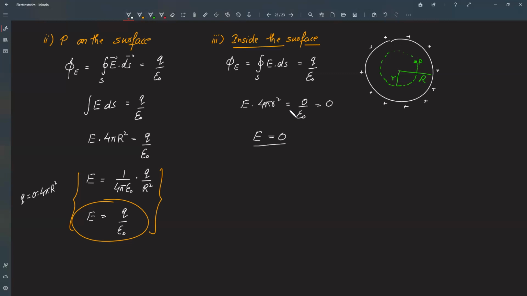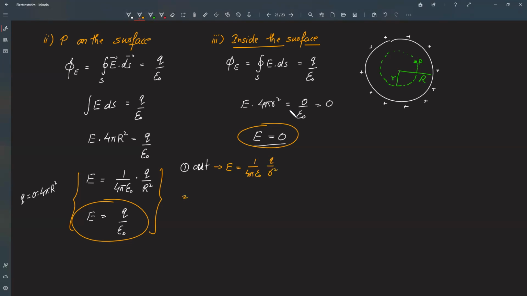Now if you see, there are three cases. In this third case, you have got E equals 0. Remember that. When it is outside, E was equal to 1 by 4 pi epsilon naught q divided by r square.